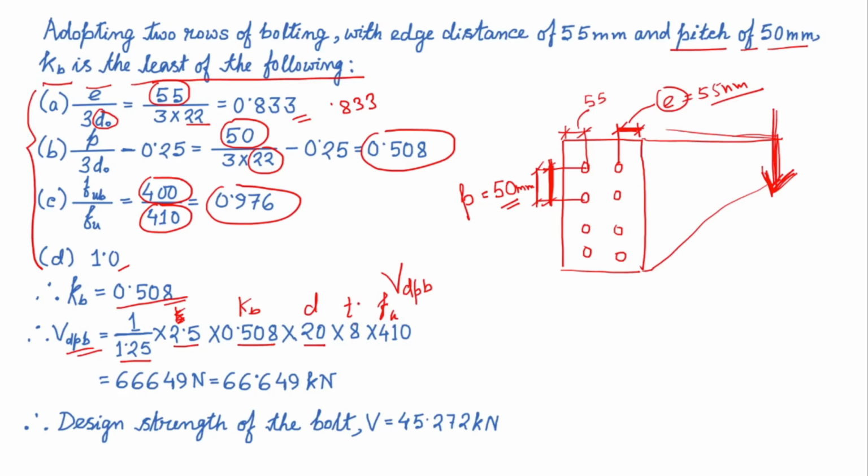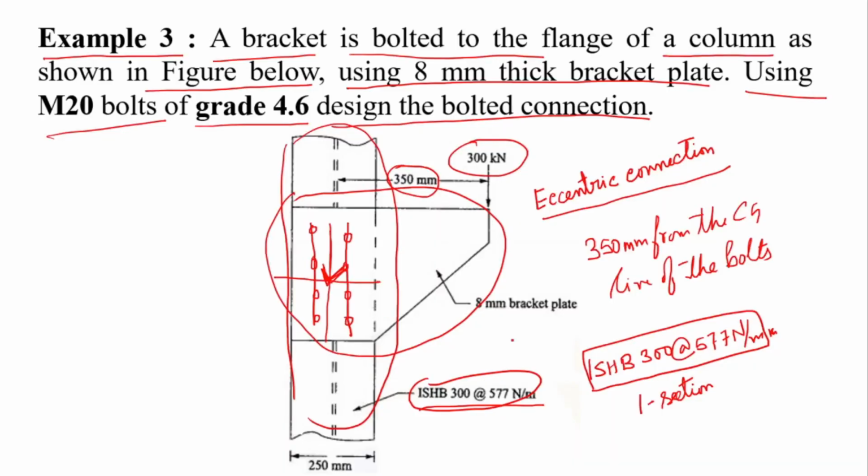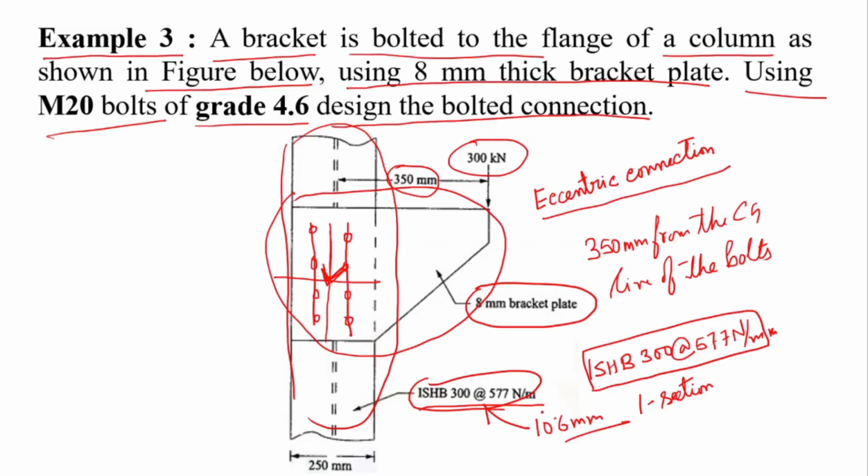So what is t? t in this case is 8 mm. If you see the connection here, the thickness of the bracket plate is 8 mm and the thickness of the flange of the column, the I section, is 10.6 mm, which we have already written.